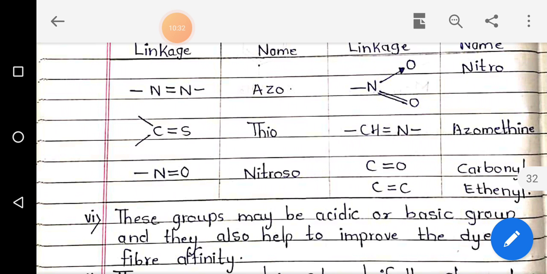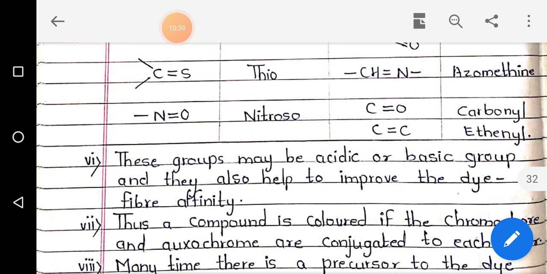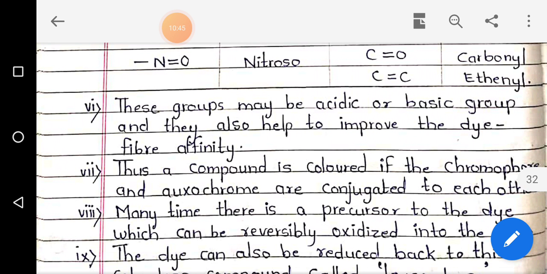Next is C=S, the thio group, azomethine, N=O, the nitroso group, carbonyl, ethenyl. These groups may be acidic or basic, depending upon the conditions to which they are attached.